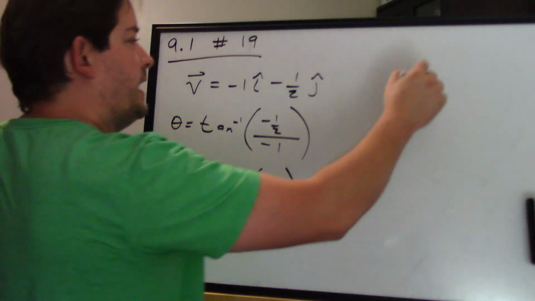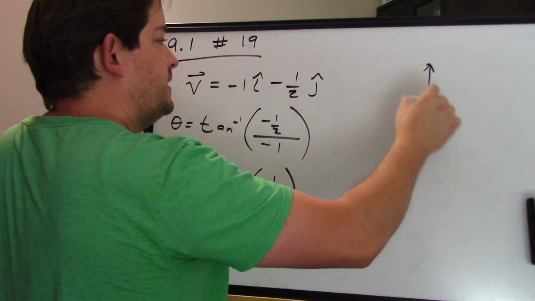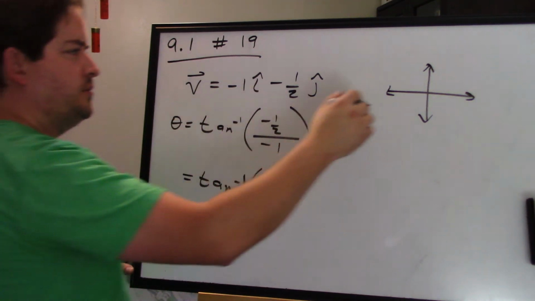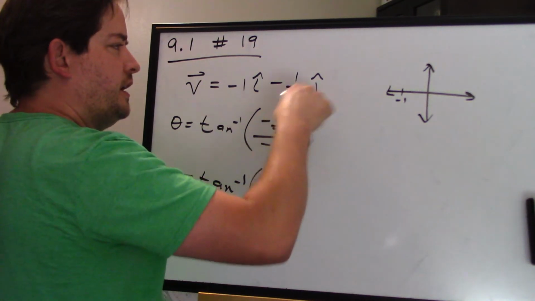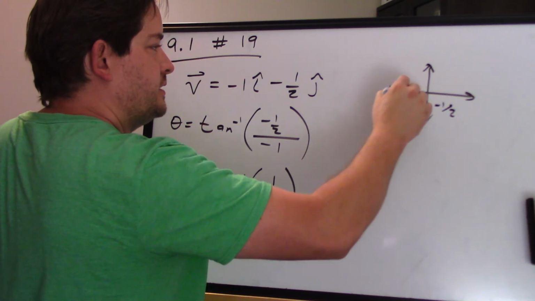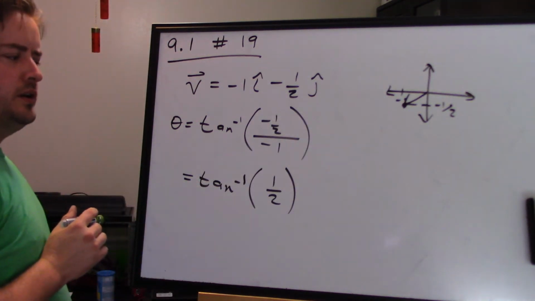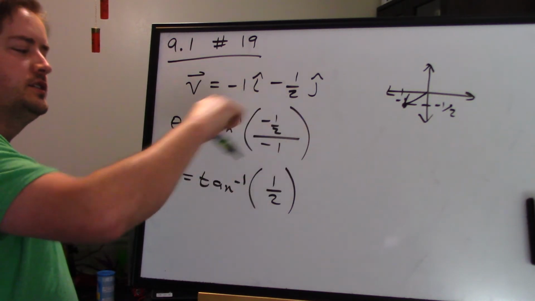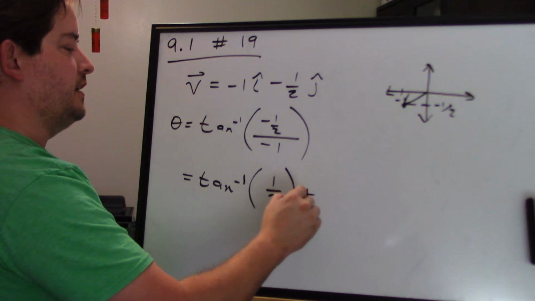But my vector is clearly in quadrant 3, because I have a negative x component, -1, and a negative y component, -1/2. It's down here somewhere, right? If I take the tan inverse, I'm going to end up in quadrant 1 or 2. So to adjust for this, I have to add 180 degrees.